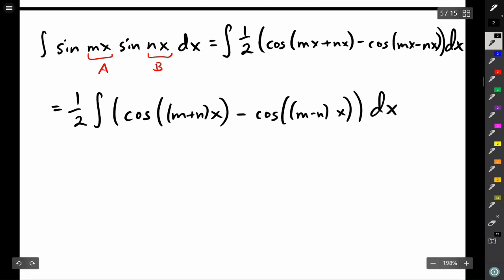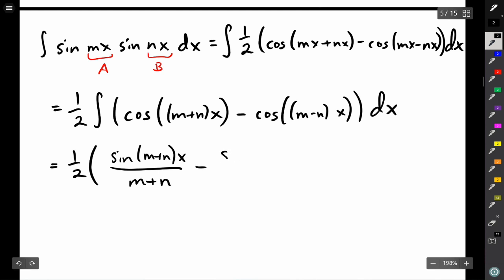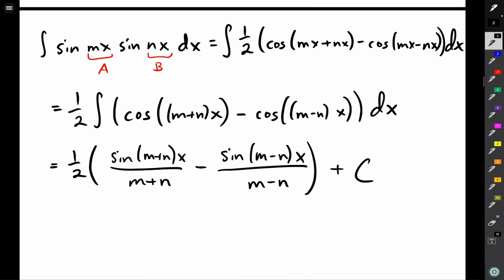So integrate this, and we get 1/2 sine of m plus n x over m plus n, minus sine again of m minus n x over m minus n, plus C. One thing I do want to point out here: this one right here is specifically for m not equal to n.